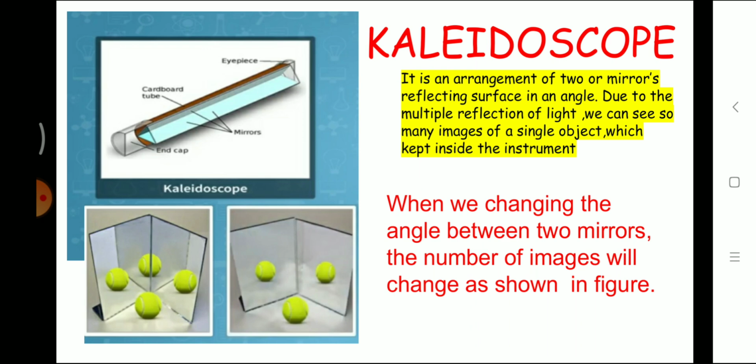It is just an arrangement of two or three mirrors arranged at a special angle. Due to the multiple reflection, we can see many images of an object kept inside the kaleidoscope.